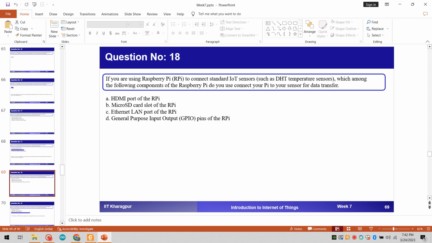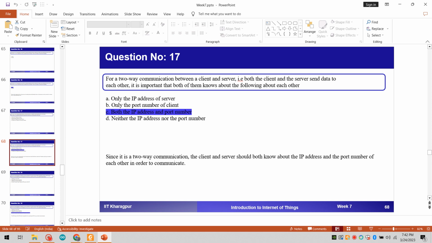See, what is software defined network? Because from this question, what I feel is your concept related to SDN is not clear.